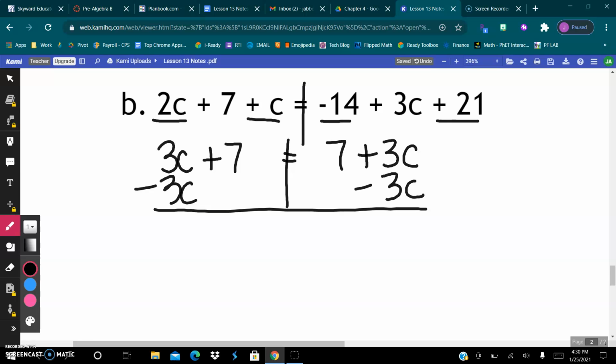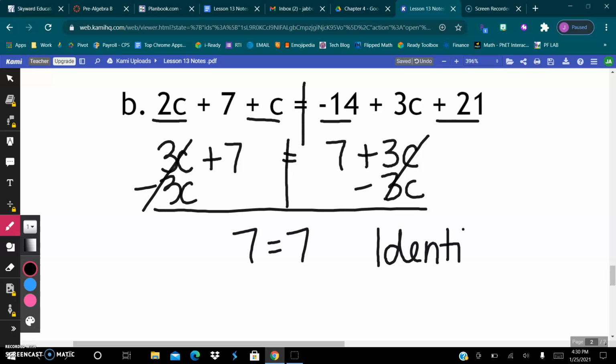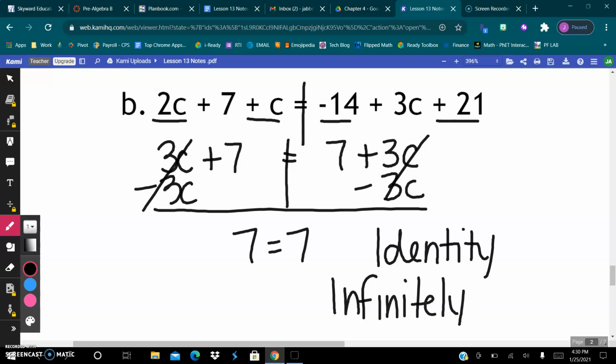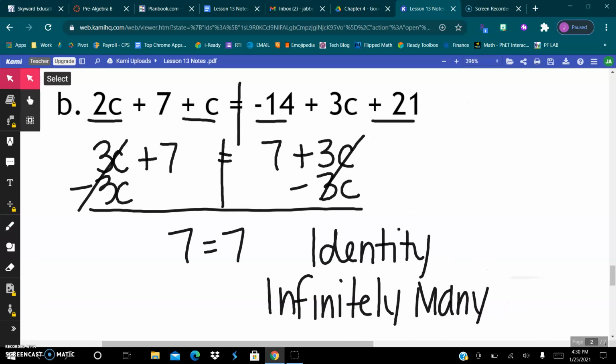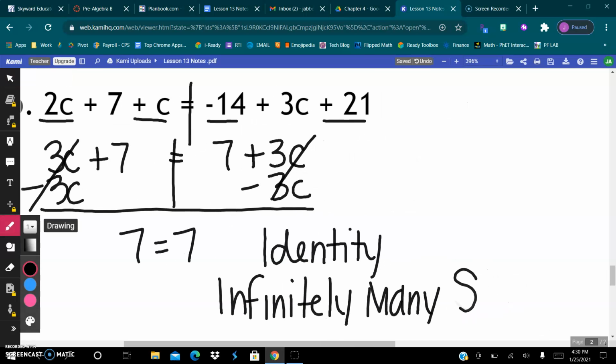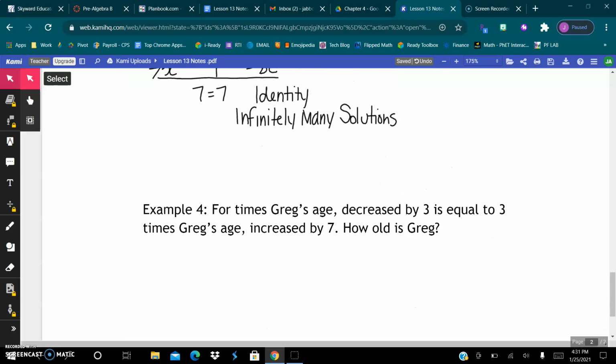We can keep going here. And they both would cancel out, and we would have 7 equals 7. And that is true. So this is an identity. And there's infinitely many solutions. So we can plug in whatever number we want and it will work.